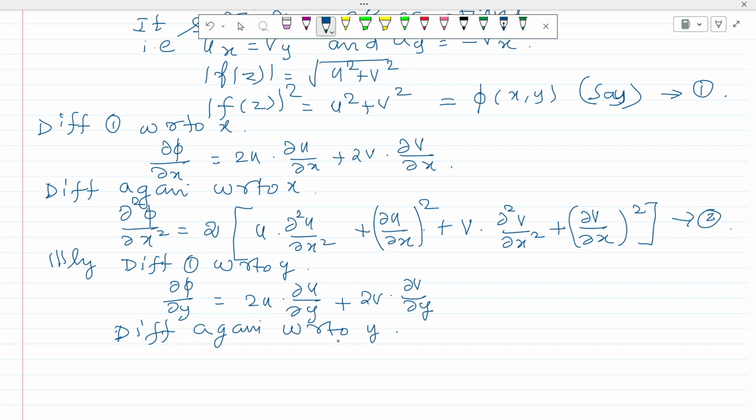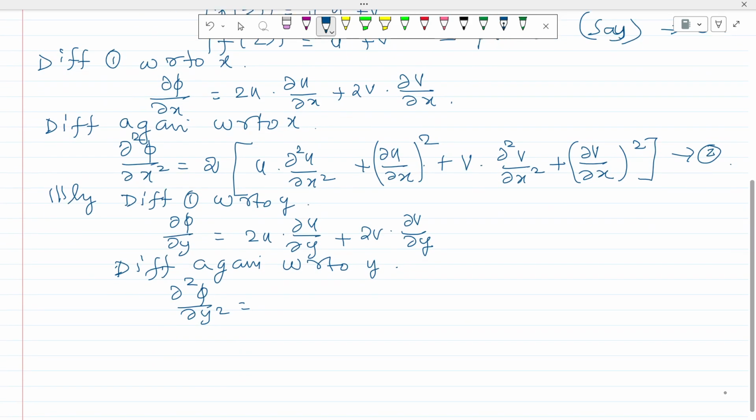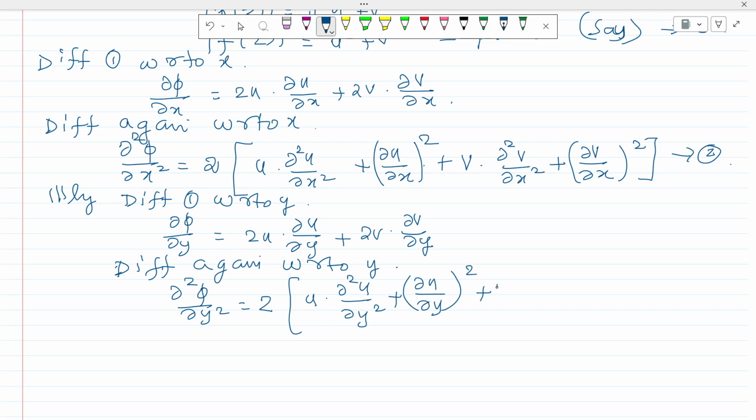Now what you get? Dou square phi by dou y square equal to 2, keep it outside, then u dou square u by dou y square plus dou u by dou y whole square plus v dou square v by dou y square plus dou v by dou y whole square. It is equation number 3.